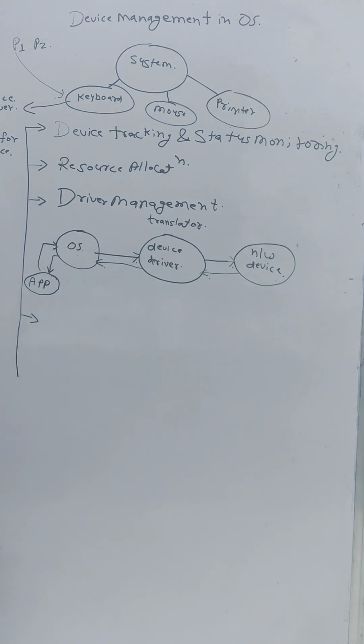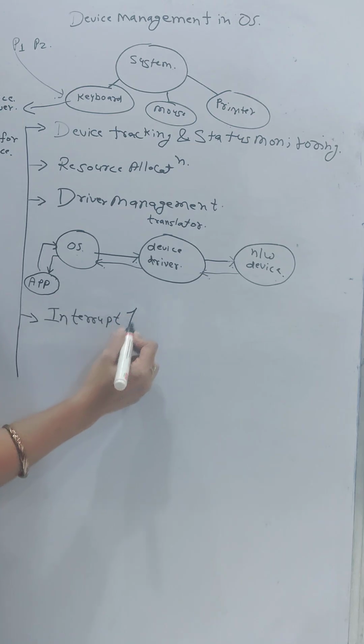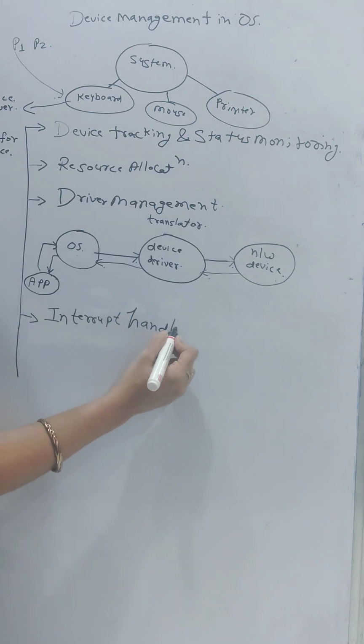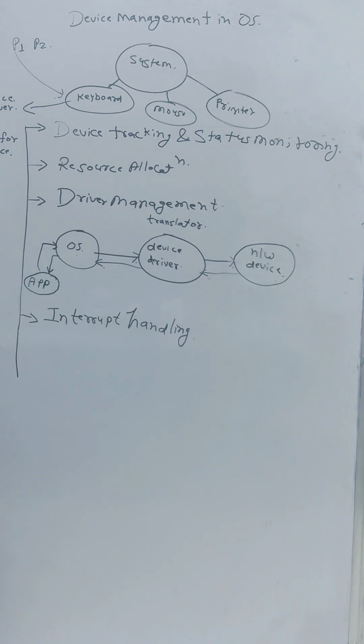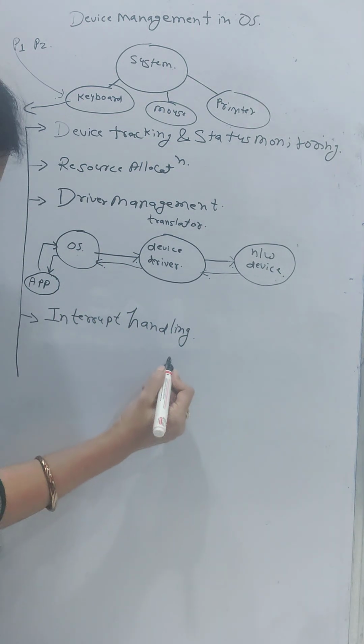Okay, so this was the driver management in operating system. Now the next point is interrupt handling. What is the meaning of interrupt handling? Suppose this is our CPU.